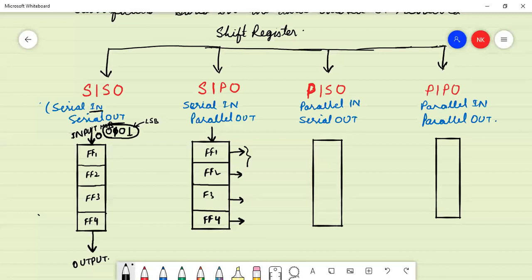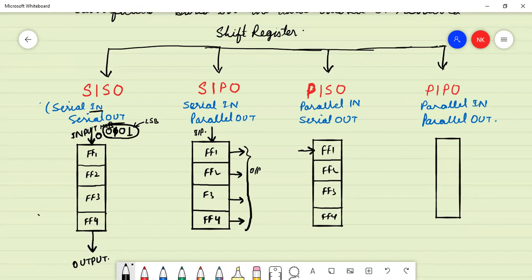So here are the outputs, and here it is the input. In the next case, we have parallel in, serial out. What will happen here? We will apply the data to all the flip-flops parallelly. So this is flip-flop 1.